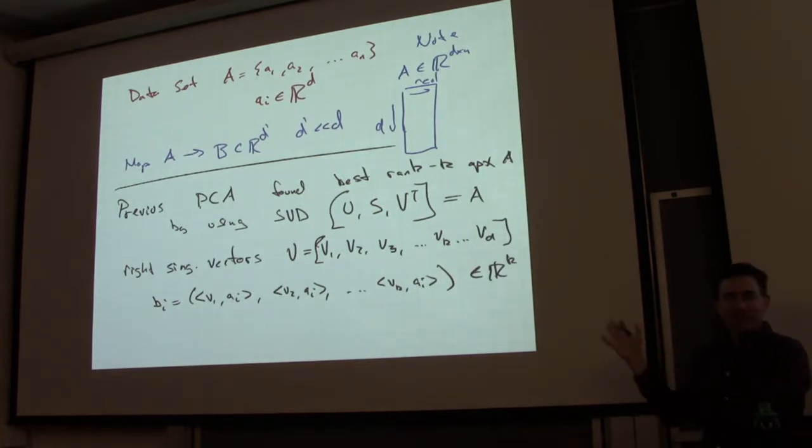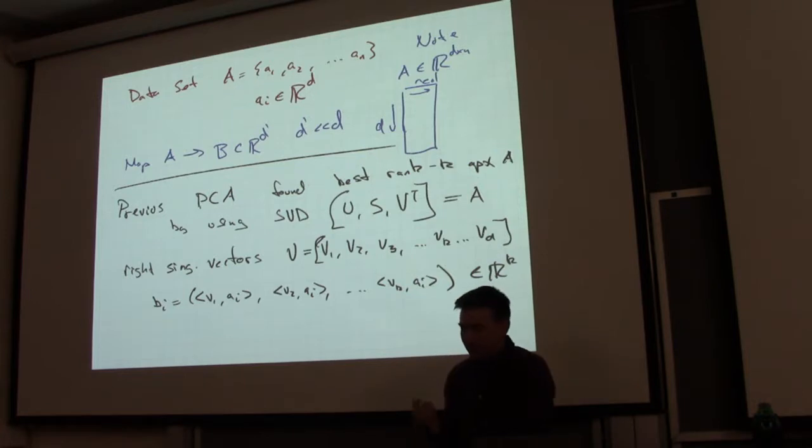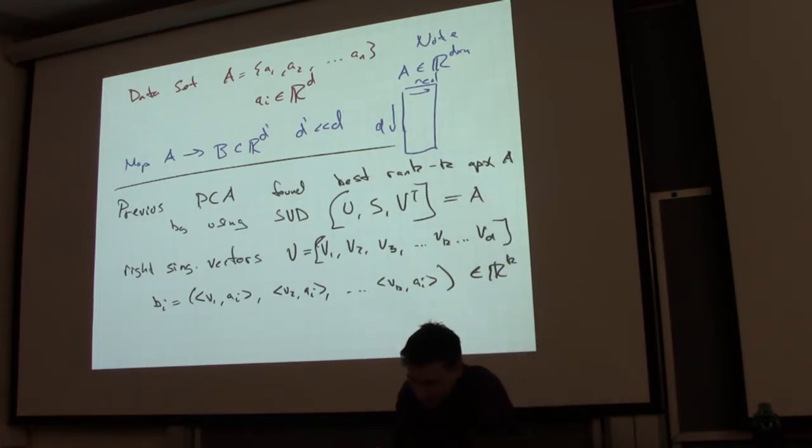So why are we saying that this was optimal? It was optimal in the sense that it minimized the sum from i equals 1 to n of the distance from Ai to Bi, squared.